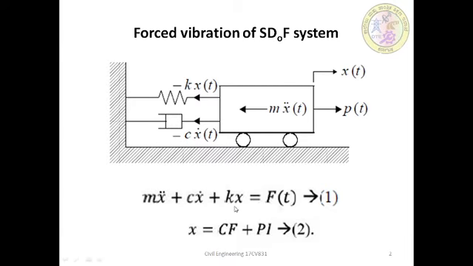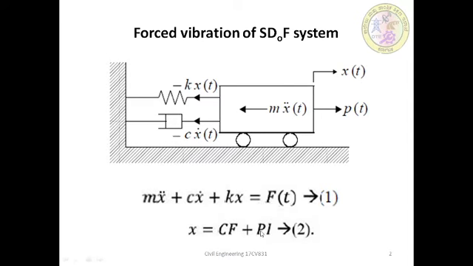According to its mathematical solution, it includes both the CF, the complementary function, which is obtained by taking the RHS in equation 1 as 0. The equation obtained is nothing but the free vibration case.